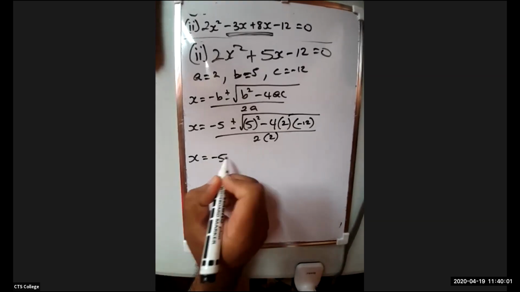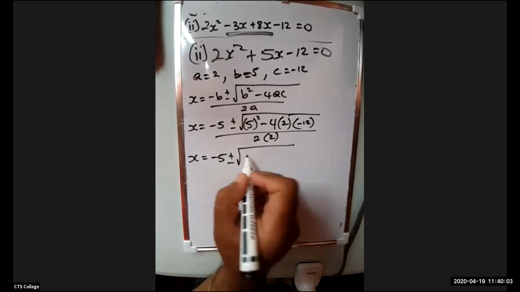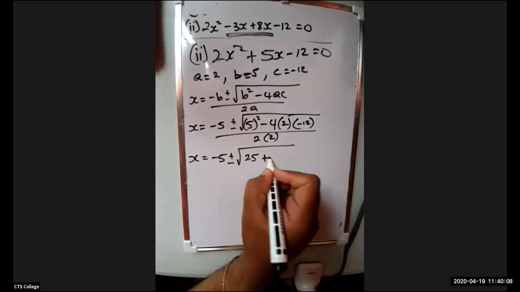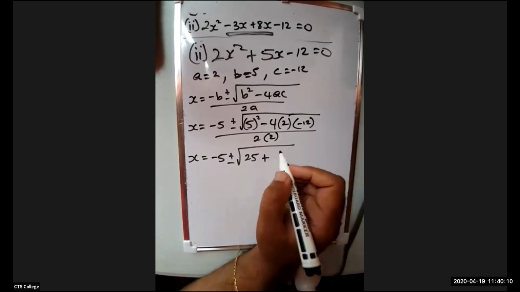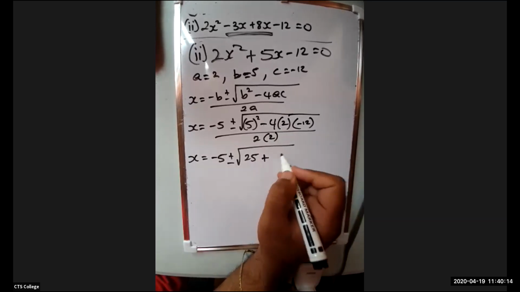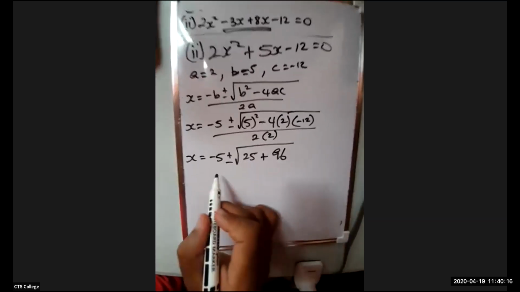So minus 5 plus or minus the square root of 25. A minus and a minus is a plus. 4 2s are 8, 8 12s are? 96. Yes.